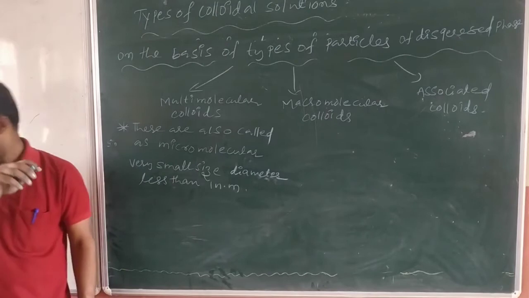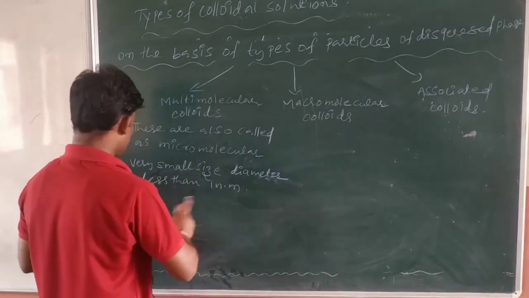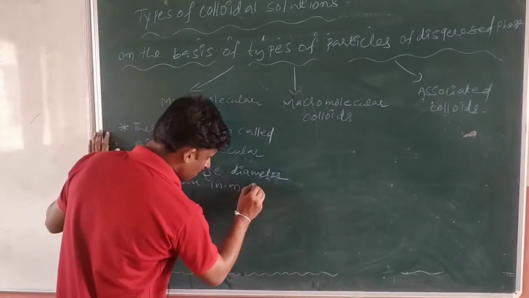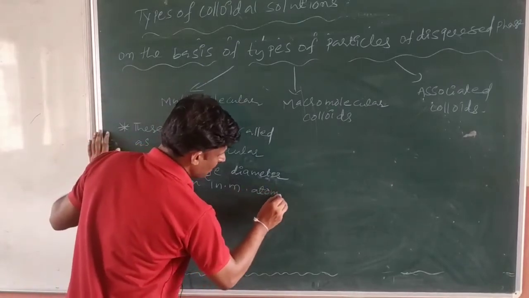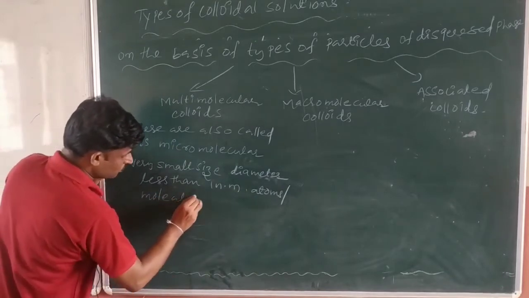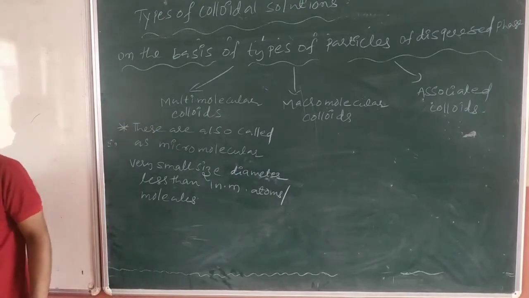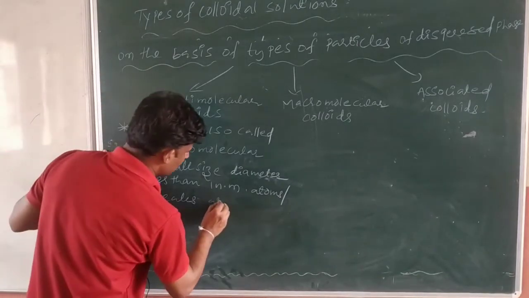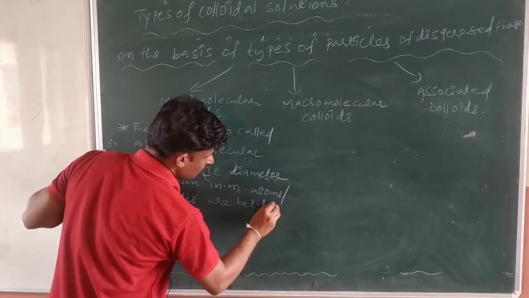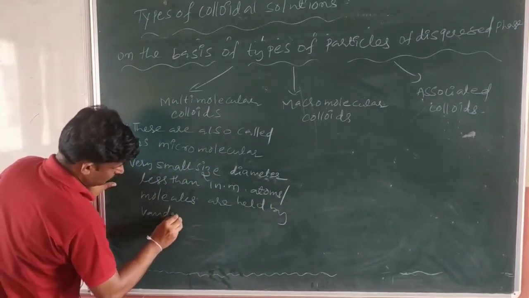So these are very small, diameter less than 1 nanometer, atoms or molecules, any one. What is happening here? Molecules are held by weak van der Waals forces.